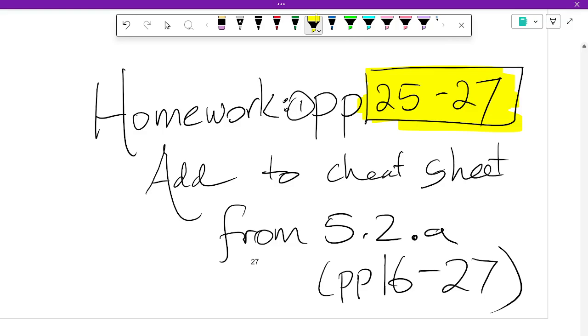Okay, and then the cheat sheet, do you remember how we starred a bunch of words? You're going to get your cheat sheet from pages 16 to 27, which is all of 5.2a. So you'll be like, protein, ribosome, amino acid, those ones. Yes? So you're going to start adding those in there.